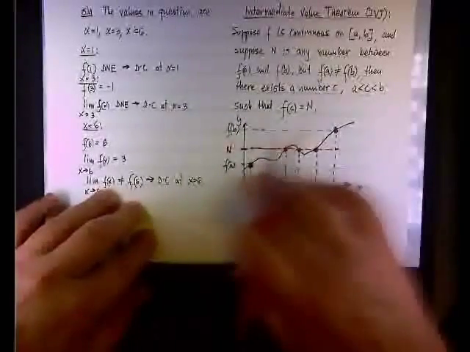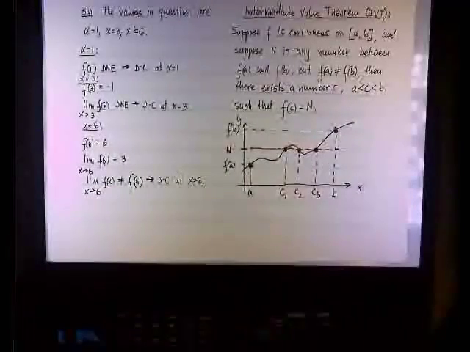If this function wasn't meandering like that, if it was a parabola, we would have only one. If the function is one-to-one, by the way, then we have only one value like that.